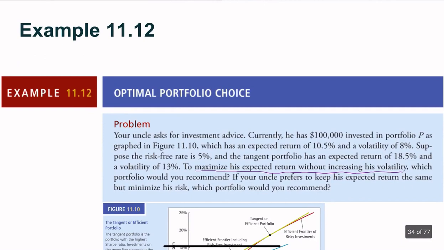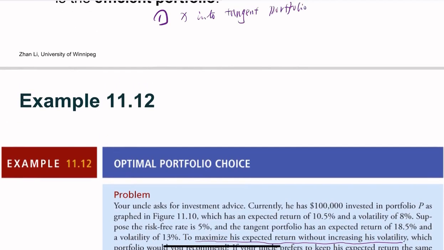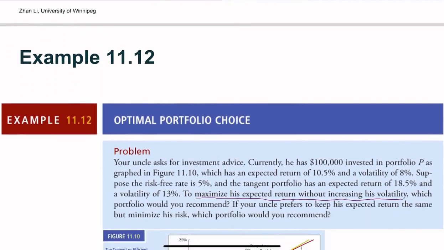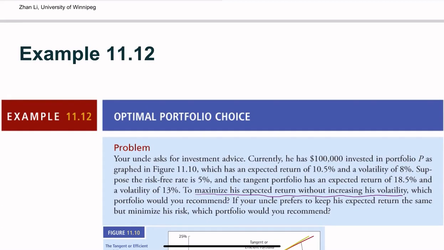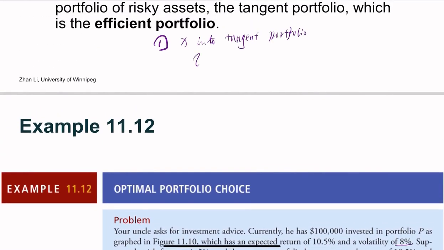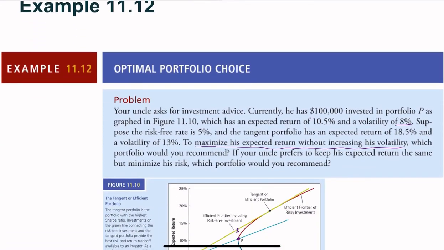And the problem says he would want to keep his volatility the same. Well, what is his volatility? So originally the volatility was 8%. So he would want to keep 8% the same. And now let's see what is the tangent portfolio's volatility.